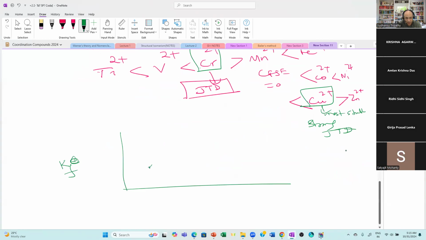Supposing this is titanium 2+, then vanadium, then chromium sits on a hump, then manganese is way below. The increase has been very.